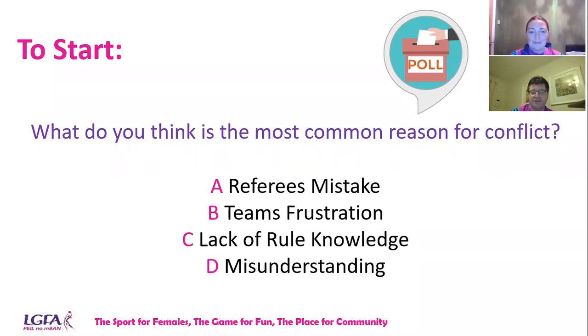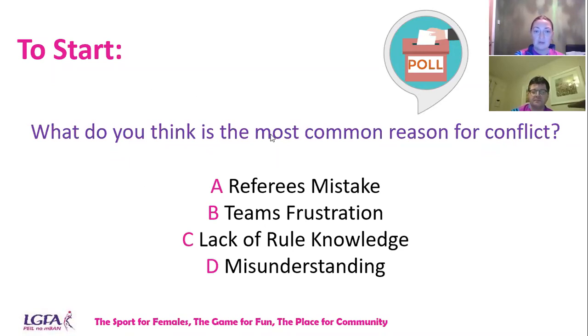But I think we would all agree it is usually a lack of rule knowledge regarding non-deliberate contact, the tackle on the ball, open hand, playing the ball on the ground, etc. The charging, the tackle, even the likes of the notes, people just don't really know the in and out details. So I would agree, definitely a lack of rule knowledge can be a huge instrument.